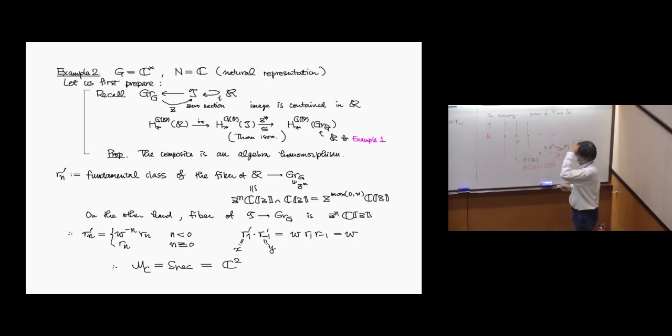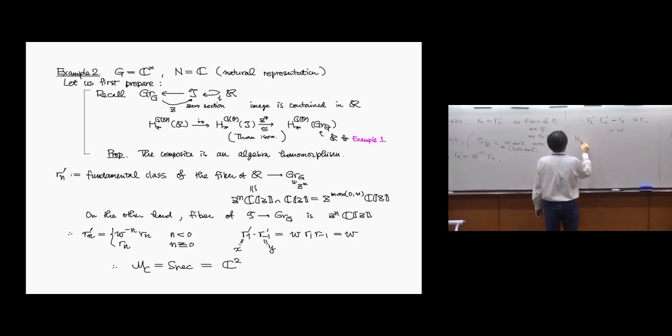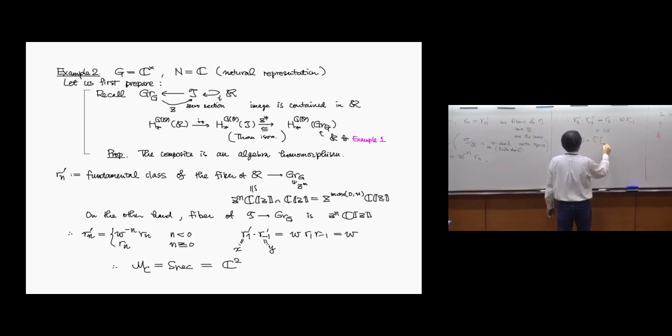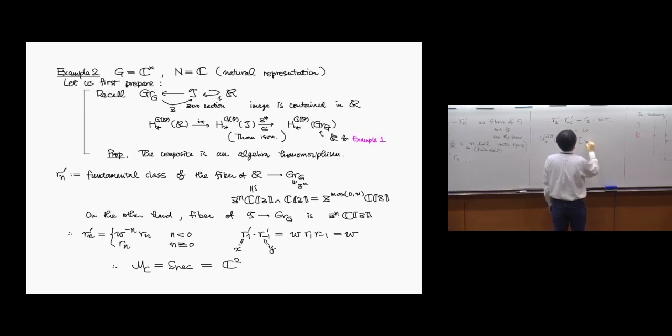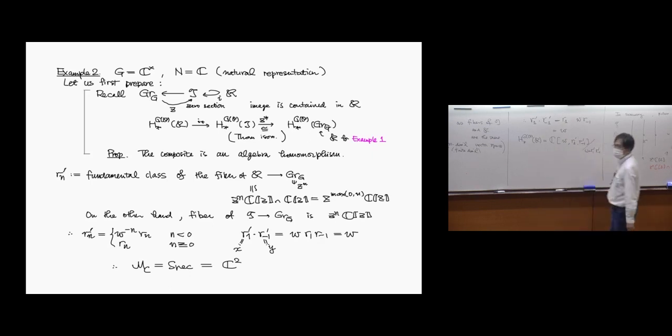Right? So now the ring is different. In this example, it is generated by W, R1 prime and R prime minus 1. But you have the relation W equal to minus 1 times this product.